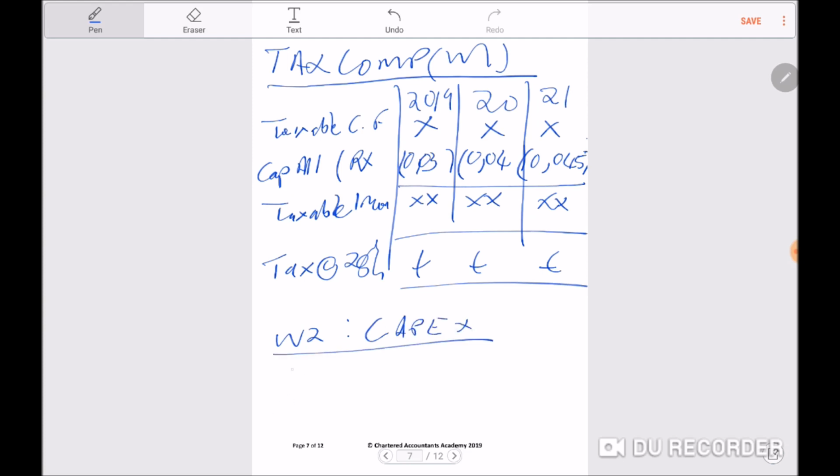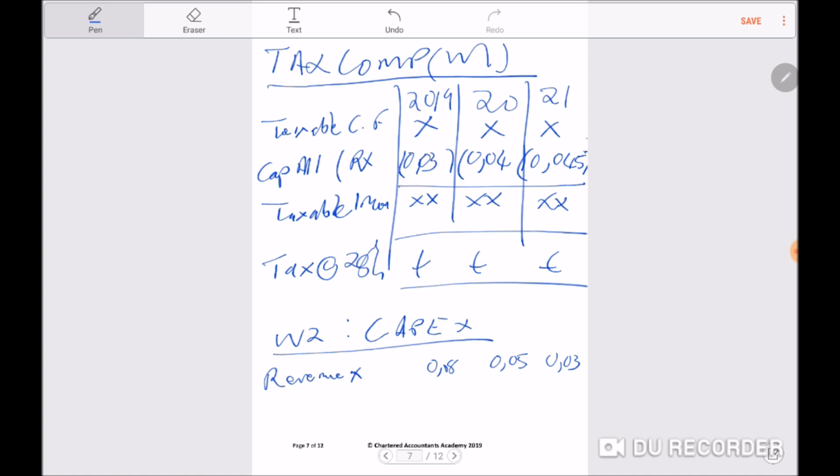So capex, we say it is going to be our revenue times 0.08, 0.05, and 0.03 times our revenue. Then we get our figures.